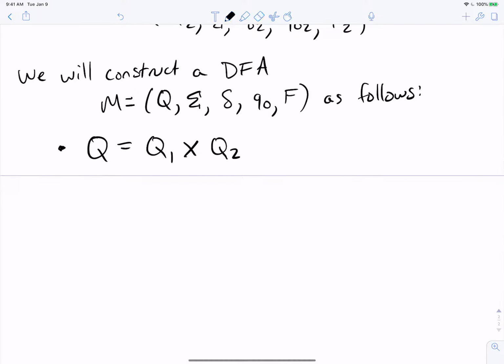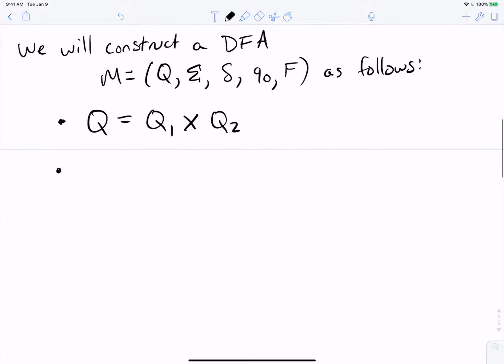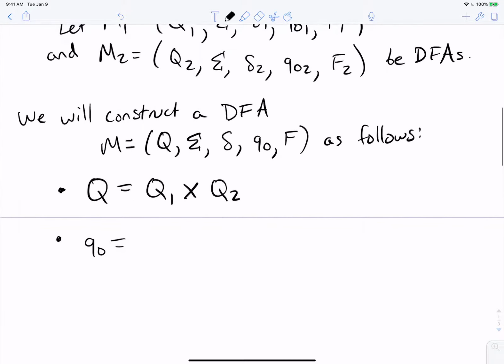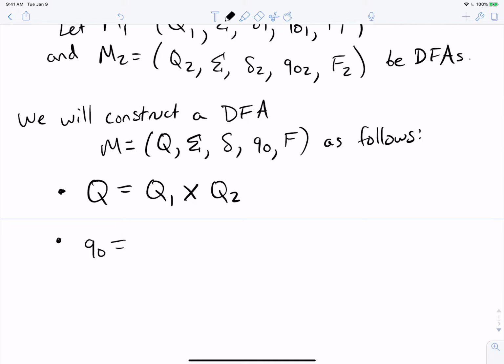Let's do the transition function last because it's the most complicated. Let's talk about the start state. I'm going to ask a question and I'm going to re-ask the question as we do more of this. What are states in this machine? Structurally, what are states in this machine? I'll tell you the answer, and make sure to remember because I'm going to ask it again.